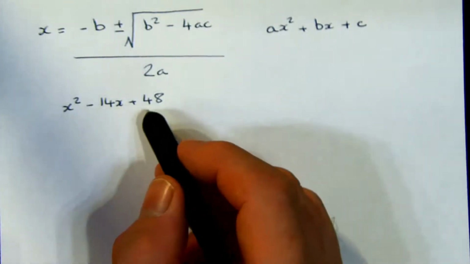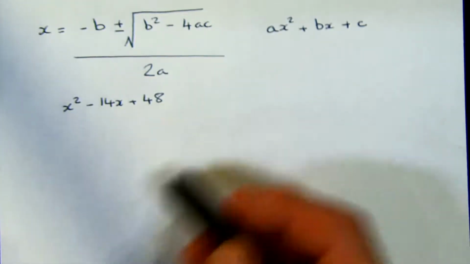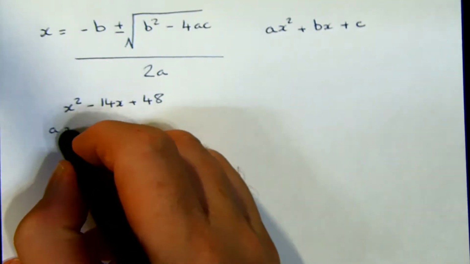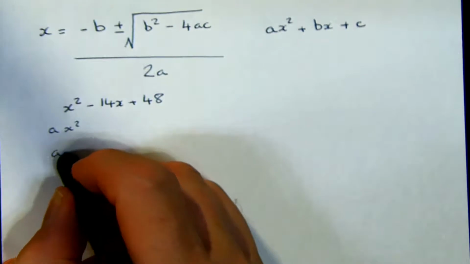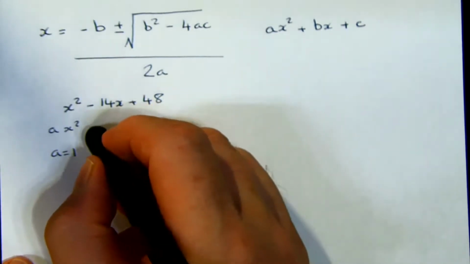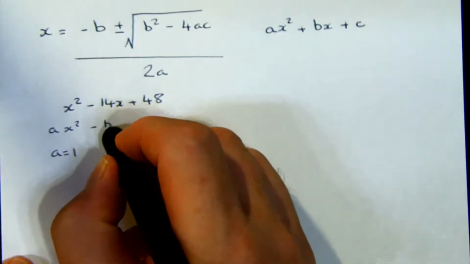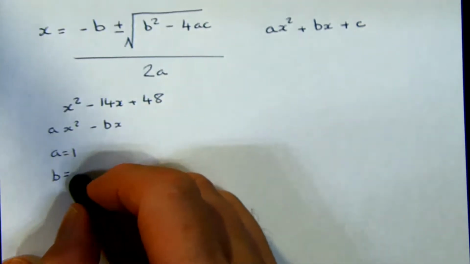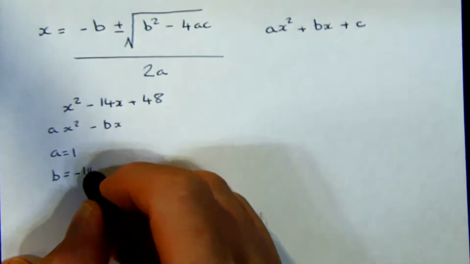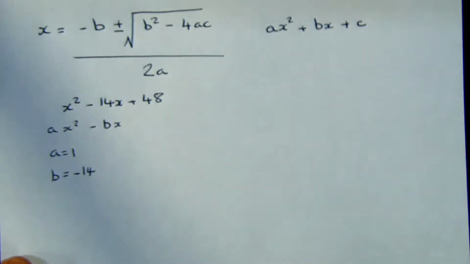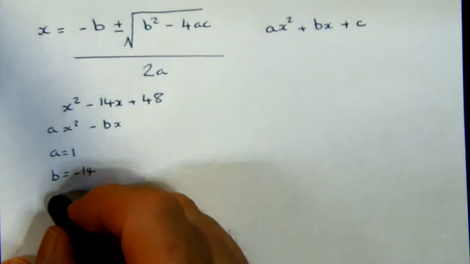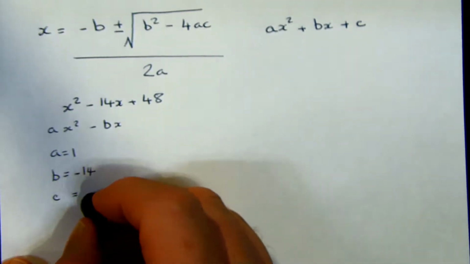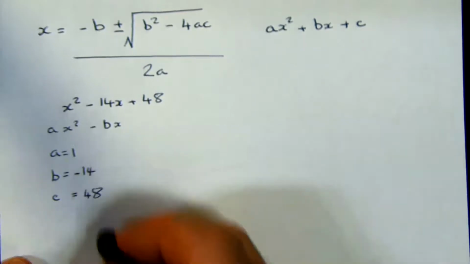I could factorize this, but I want to use the formula instead. So this is ax squared, so a is going to equal 1. This is minus bx in this case, so b is going to equal minus 14. I haven't made my life easy here. And we've got c equals 48.